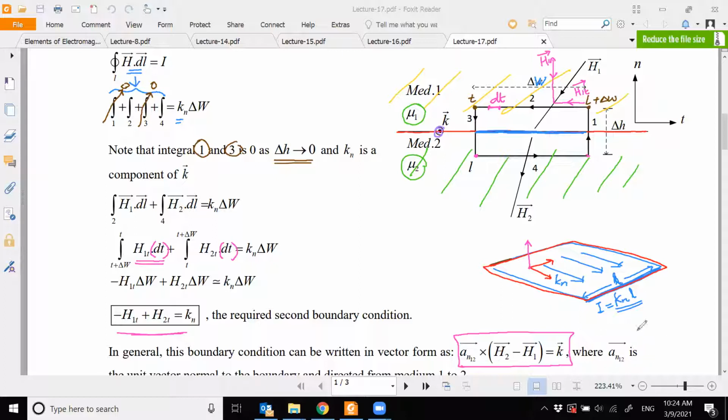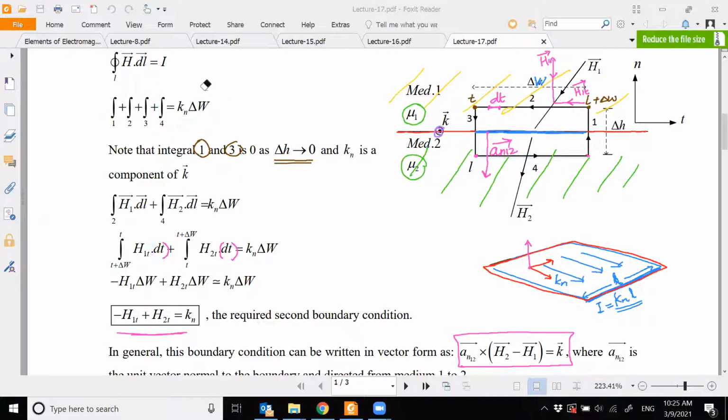That is, it is the unit vector normal to the boundary, and its direction is from medium 1 to medium 2, whichever you select as medium 1. So in our case, this is medium 1 and this is medium 2. So this will be my AN12. And if you use this, you will get the same. Okay, so this is the second boundary condition.